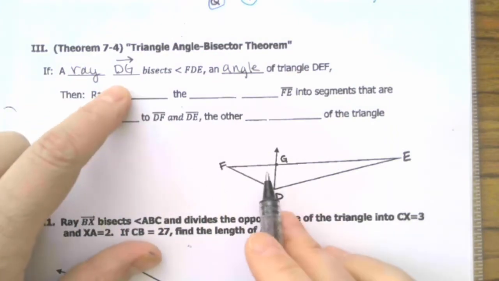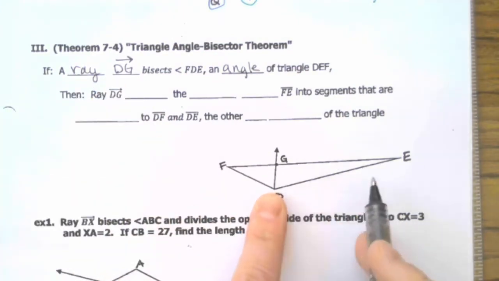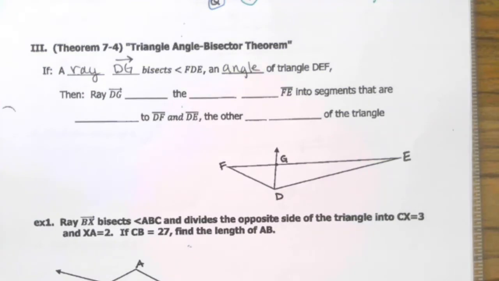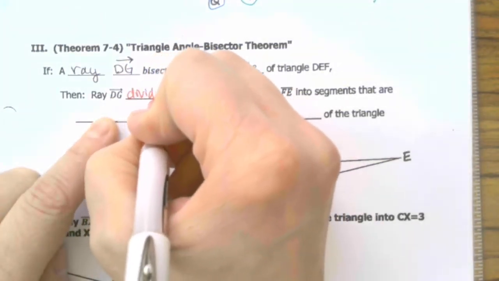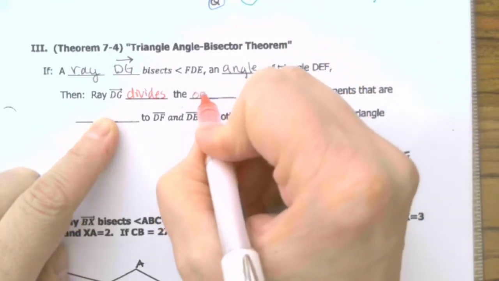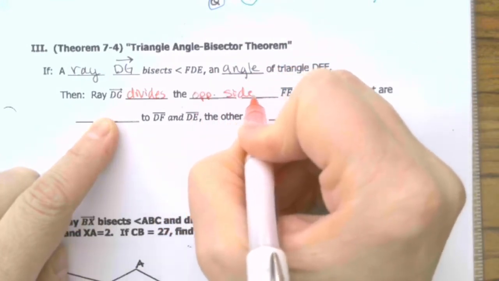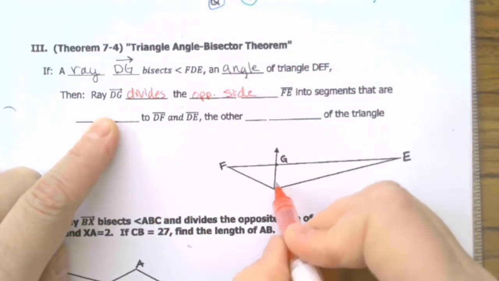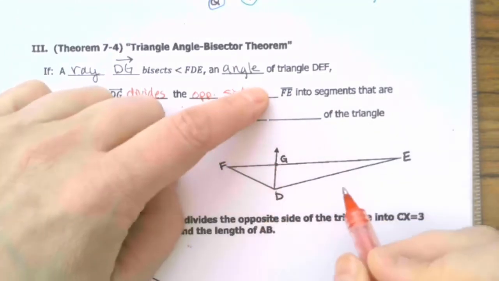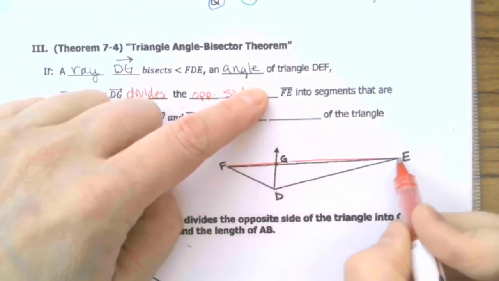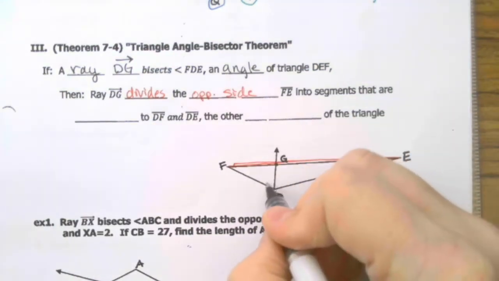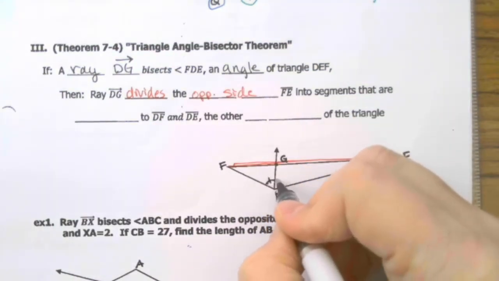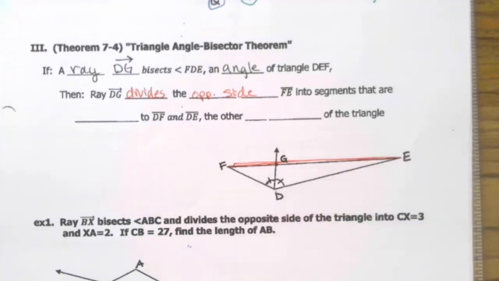So if the ray bisects the angle of a triangle, then ray DG divides the opposite side. So DG divides the opposite side, which is FE. So let me mark this as bisecting because ray DG has to bisect that angle.